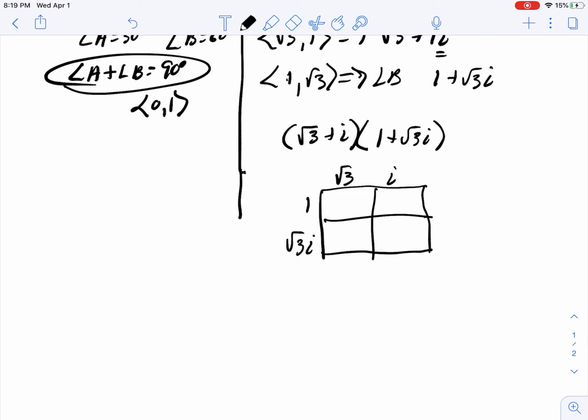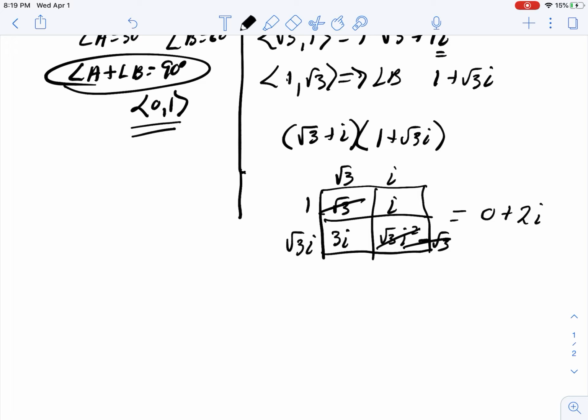We have root 3i, root 3i, 3i, and root 3i squared, which is going to be negative root 3, so those cancel out, and we get 0 plus 2i.